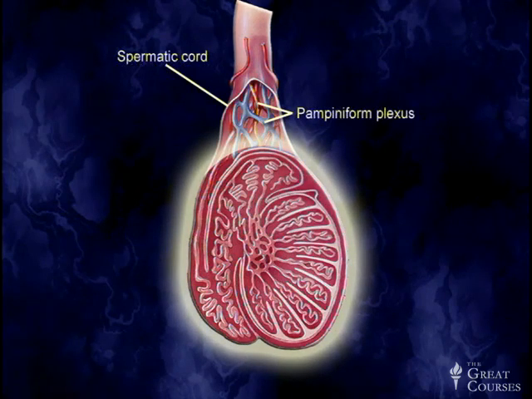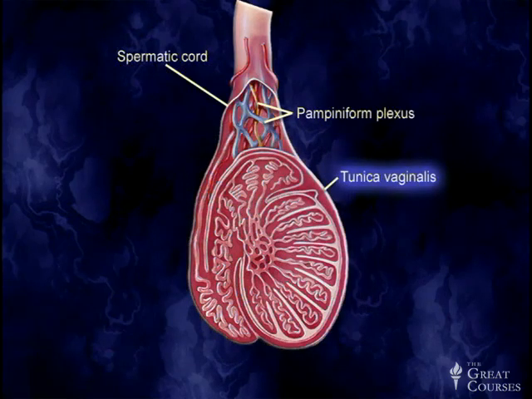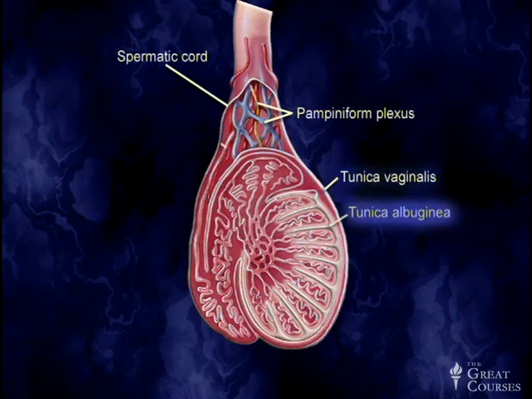Outside, on the very edge, we have a thickened area called the tunica vaginalis and the tunica albuginea, which means white. These are very tough, fibrous protection for the testicle. They have great tensile strength and they provide protection.